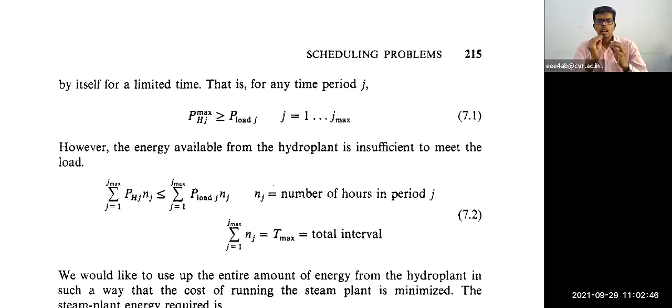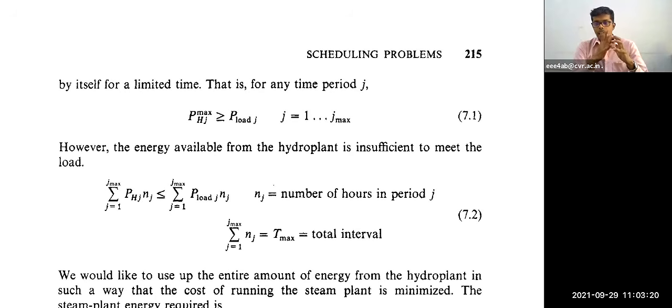If we generate daily for some 12 hours, for 30 days, the amount of water we have can be utilized for some 2 or 3 months, and that too we are generating only some 200 megawatt or 500 megawatt. If you plan like that, then we can easily meet it.